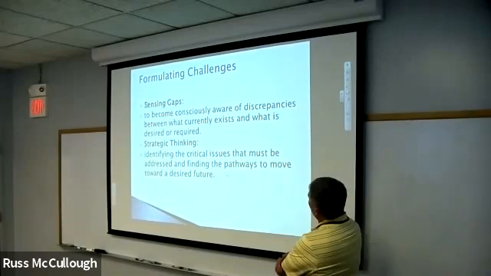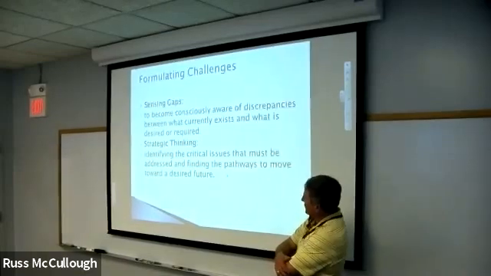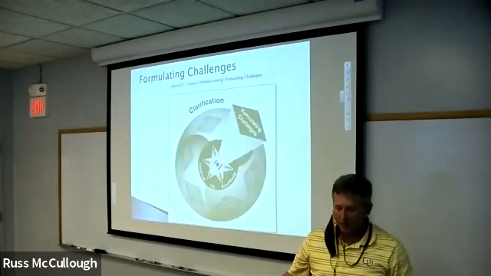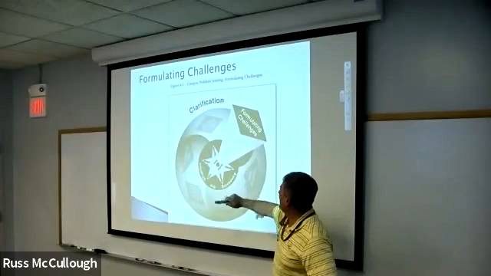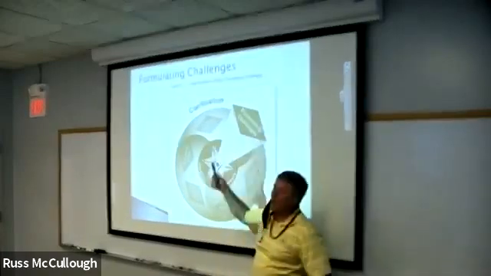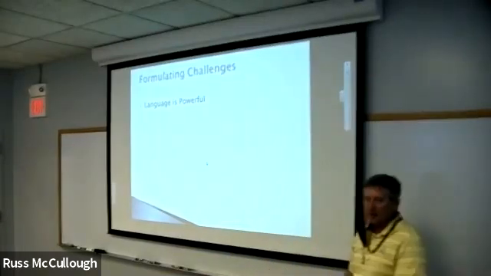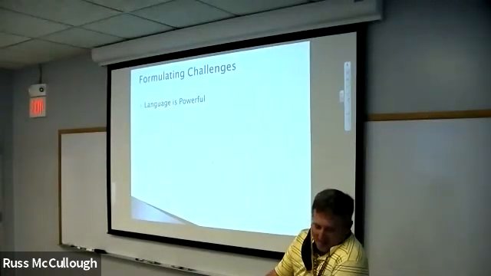So how can we pick up on what exists now and what we want to have in the future? What are those critical issues? We have some thinking tools like we've done before for this step in the process of formulating challenges. So again, we came from exploring the vision, and now what are some challenges that would keep us from getting that?